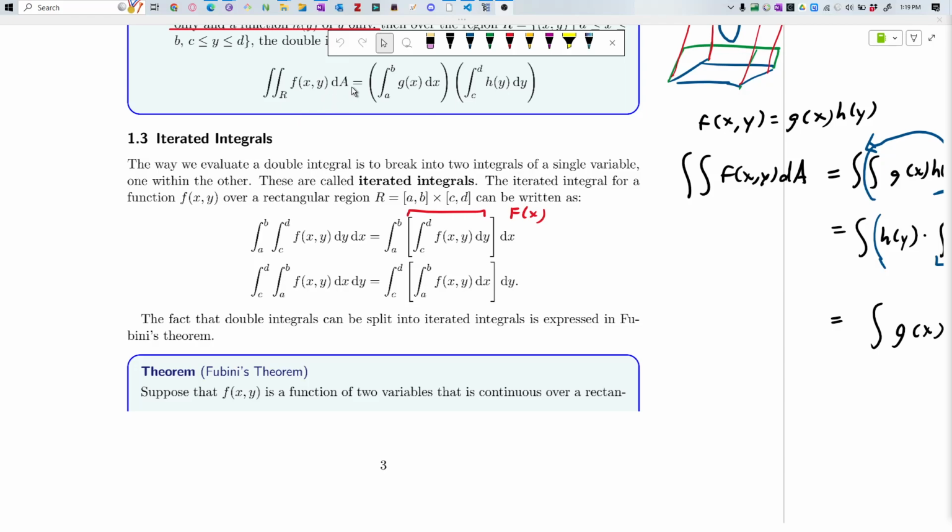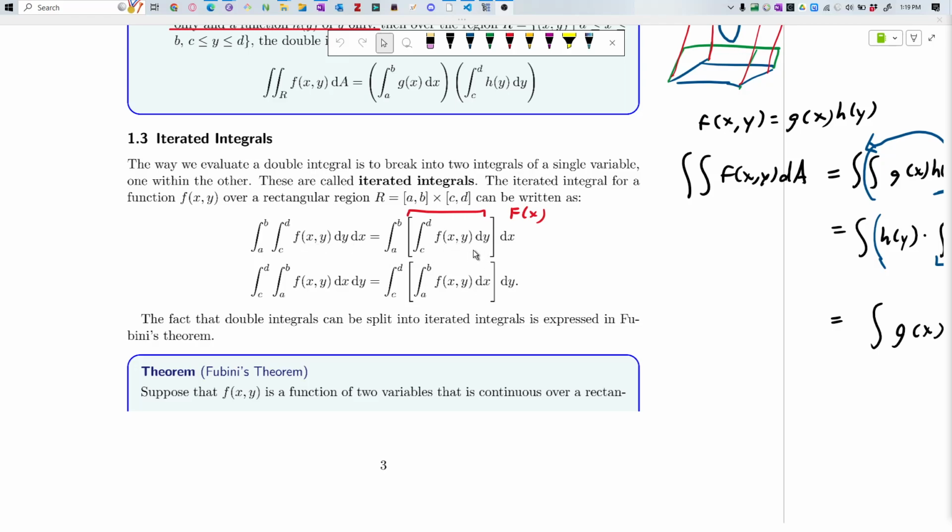It's just an abstract notion of computing the volume below a function that sits over a particular region R. Whereas when we specify it like this, we're actually telling you how to sweep over that region R. So here it's saying that we first integrate over y and then we integrate over x. You read this inside out, so you evaluate the inner integral first, which is why this has brackets around it.